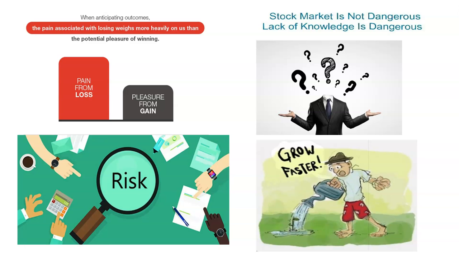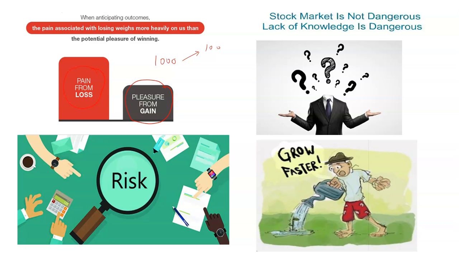now this is an important part. Why do people fail and lose money in the stock market? The first thing is that the pain from losing money is much higher than the pleasure from gaining. Suppose you have 1000 rupees, you invested in the stock market and gained 100 rupees.